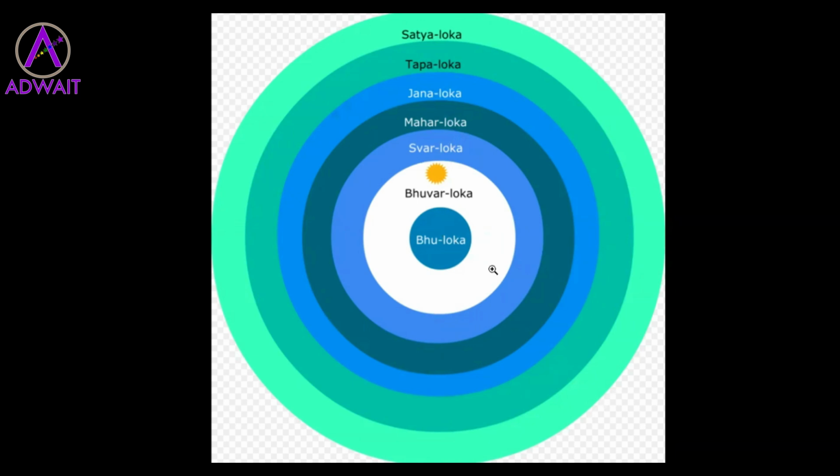Can you see? 7 worlds connected with the 7 energy centers. This is root chakra. This is sacral, solar plexus. Heart, throat, third eye, and crown. There are different levels, layers. It's clear?